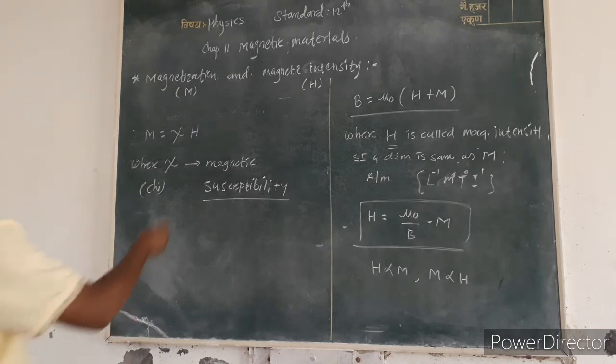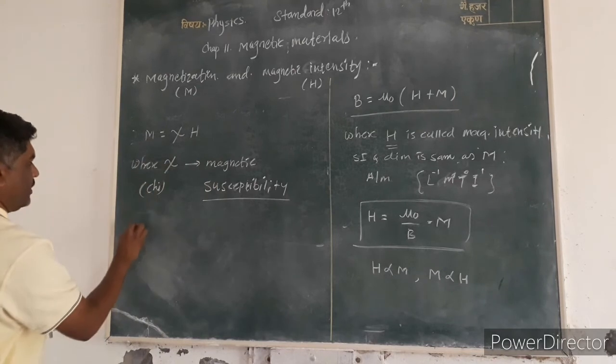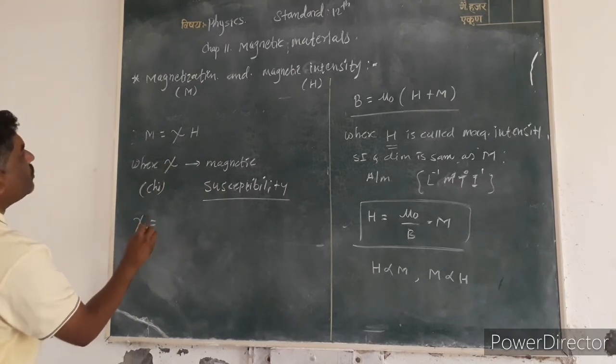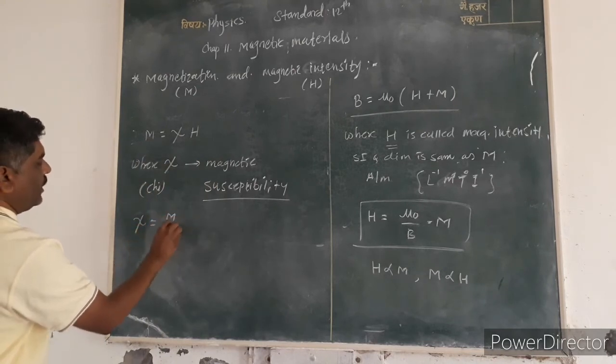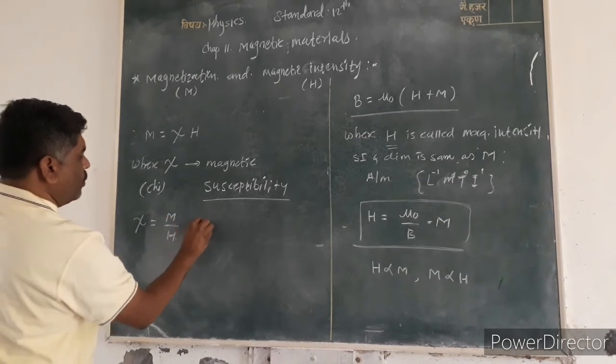Now we find out the value of psi from this equation. Psi is equal to M upon H, that is the ratio.